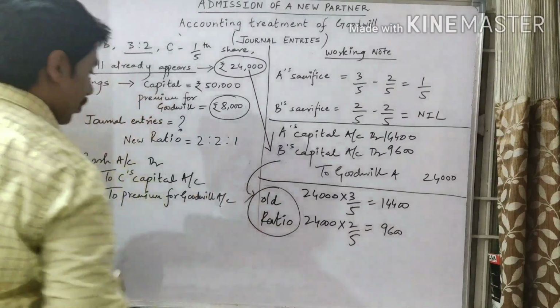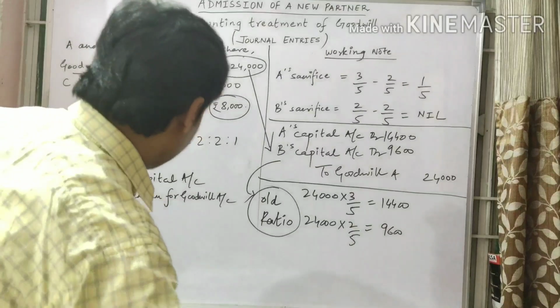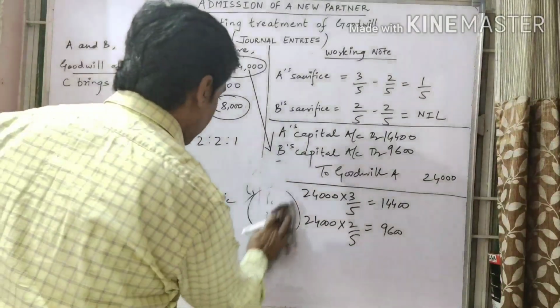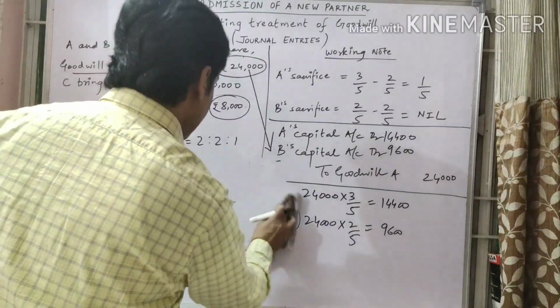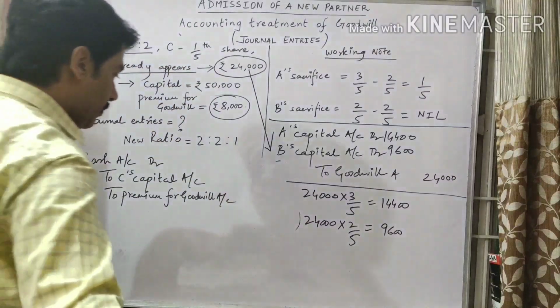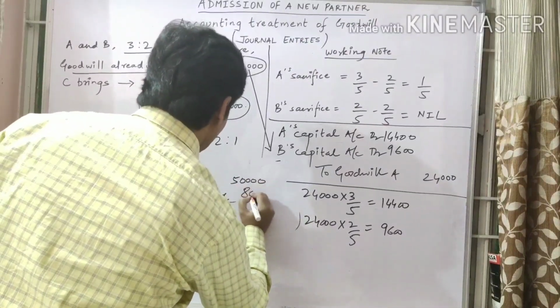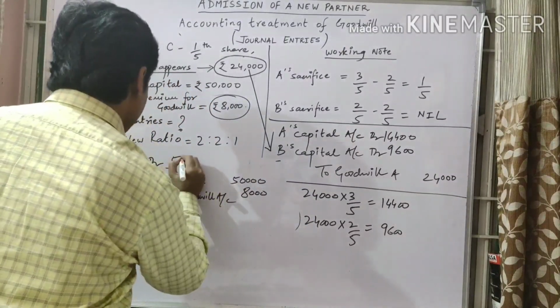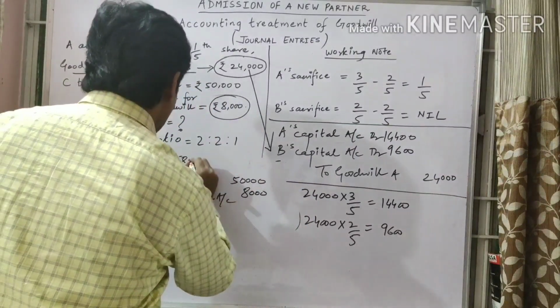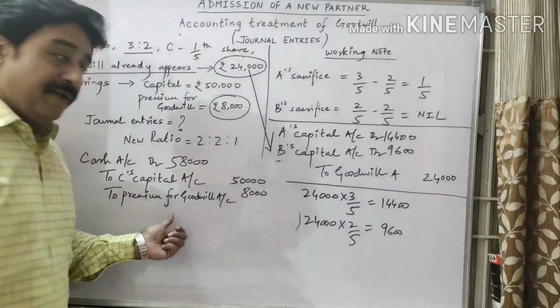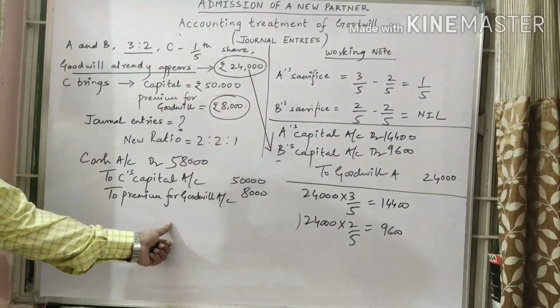Okay, and what is the amount of premium brought by the new partner? He has brought 8,000 as premium, and the amount of capital brought by him is 50,000. Therefore, he brings a total amount of 58,000.